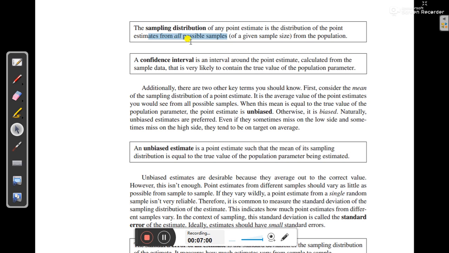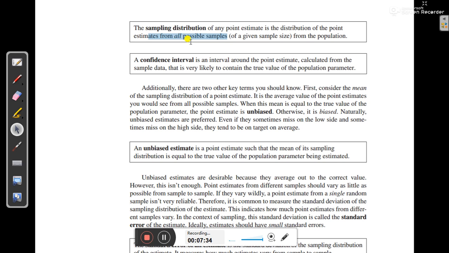Additionally, there are two other key terms you should know. First, consider the mean of the sampling distribution of a point estimate. It is the average value of the point estimates you would see from all possible samples. When this mean is equal to the true value of the population parameter, the point estimate is unbiased, otherwise it is biased. Naturally, unbiased estimates are preferred, even though they sometimes miss on the low side and sometimes on the high side, they tend to be on target on average.